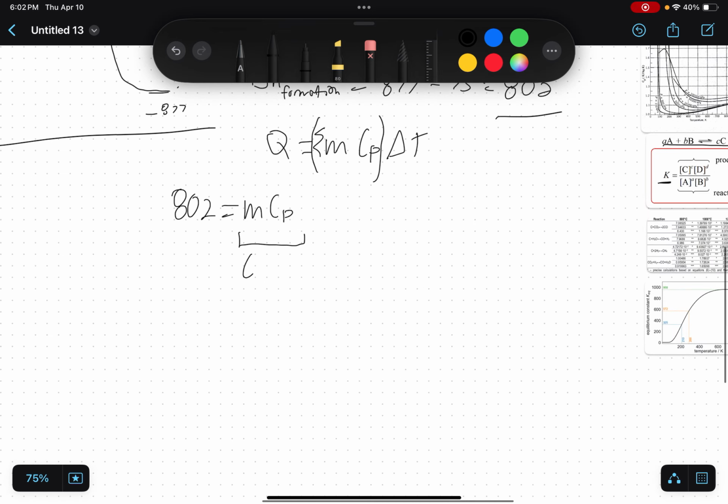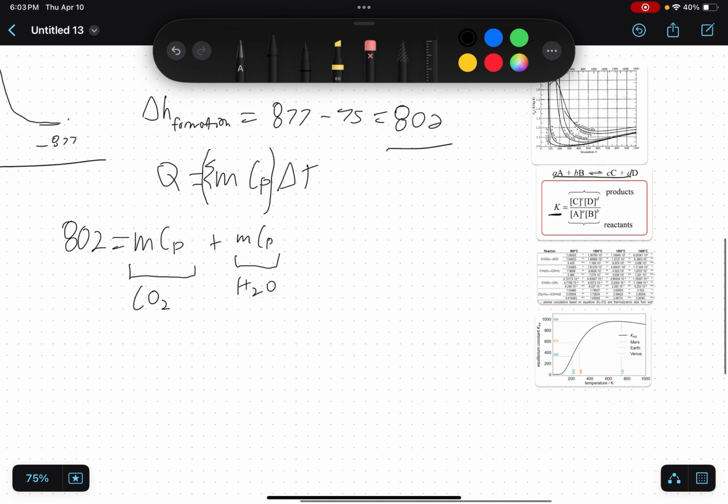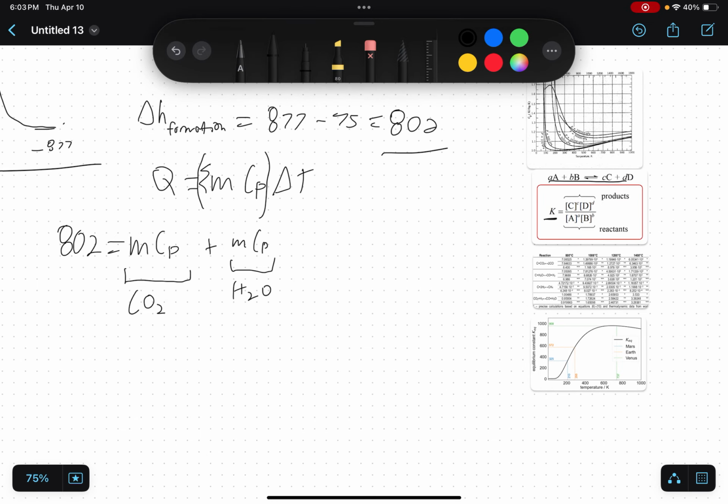CO2, plus mCp of H2O, times delta T. Cool.